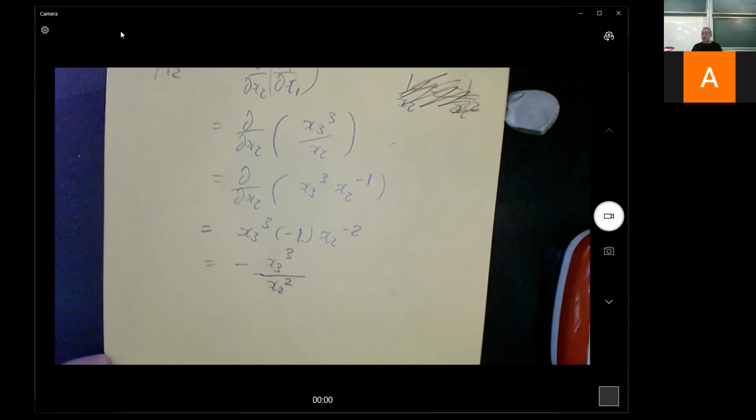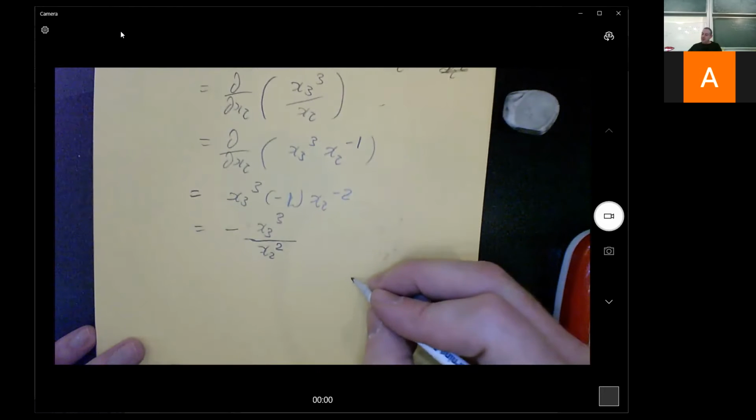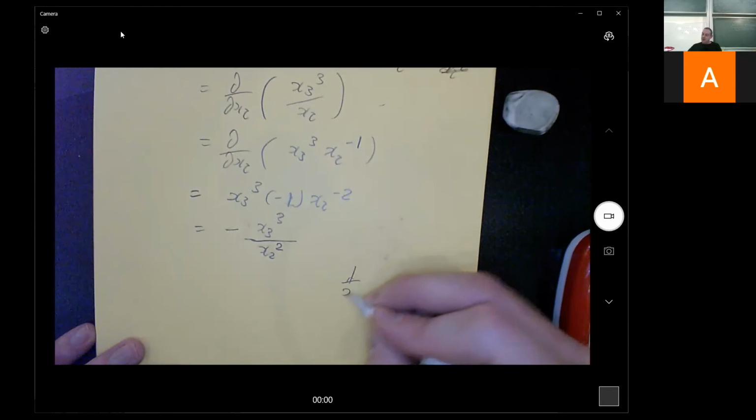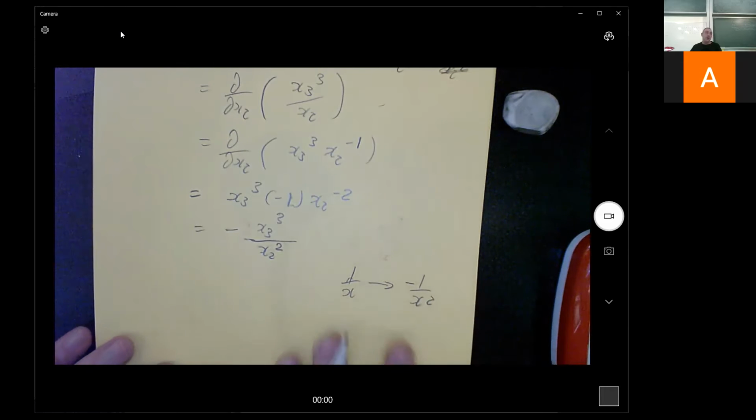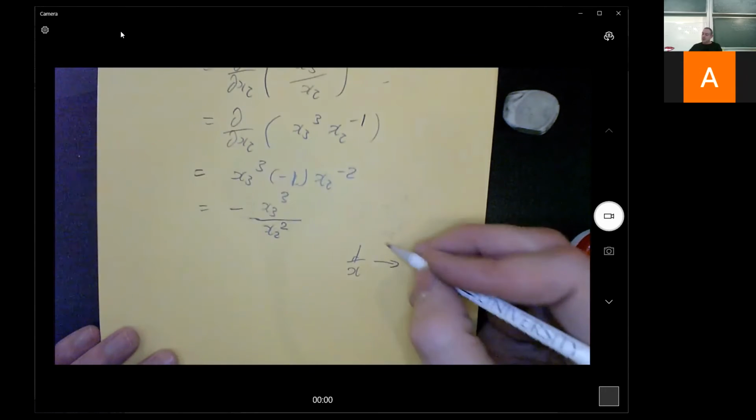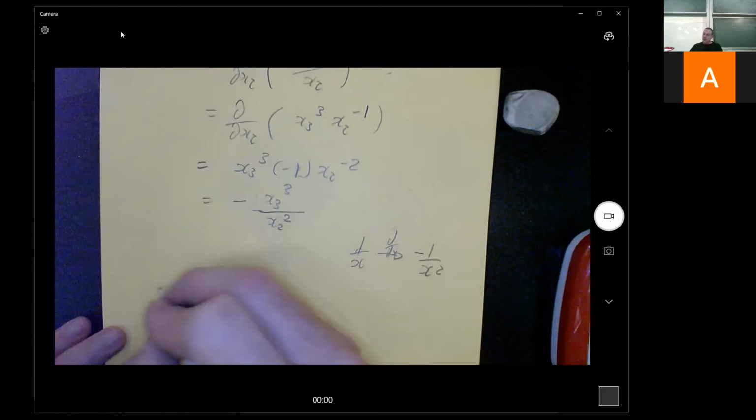Right, good noticing. If you happen to know already that 1 over x, when you do the derivative, becomes -1 over x squared, you could have just done that.